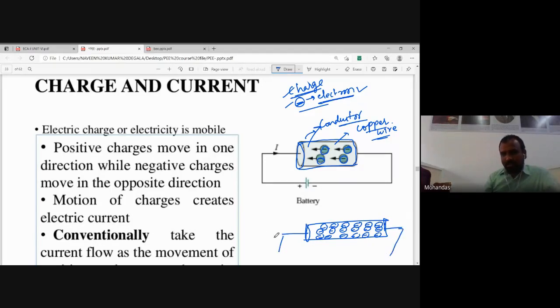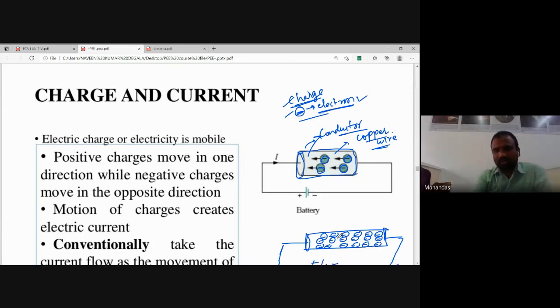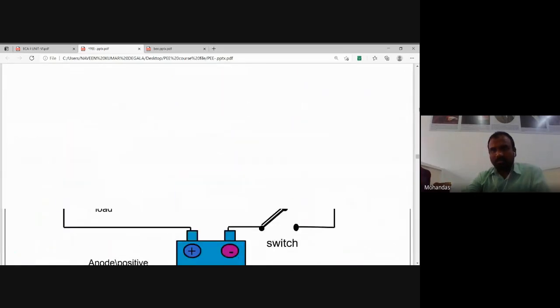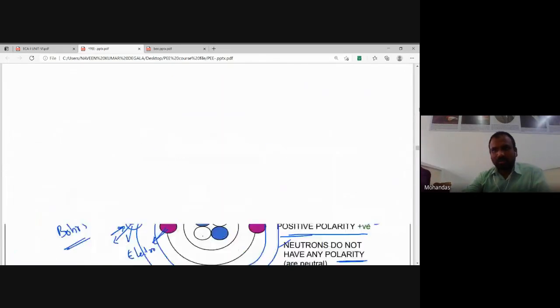Suppose you apply an external battery, and everybody knows a battery has plus and minus. I hope you might have seen it. I will come to the battery diagrams later.